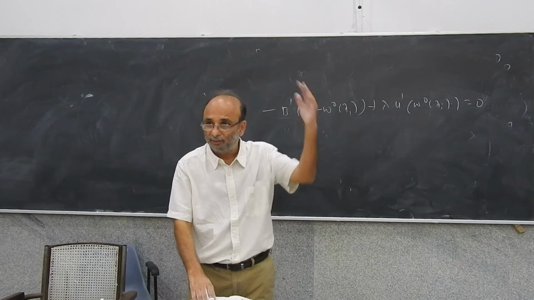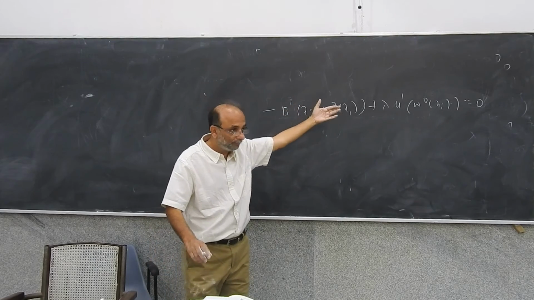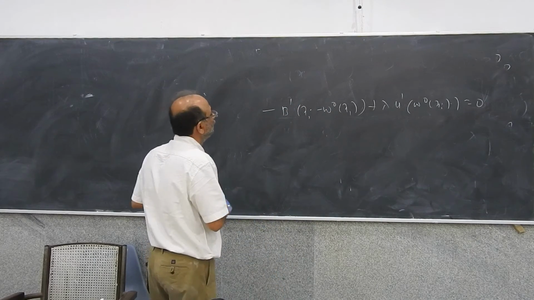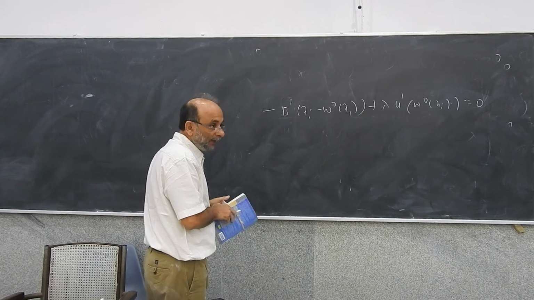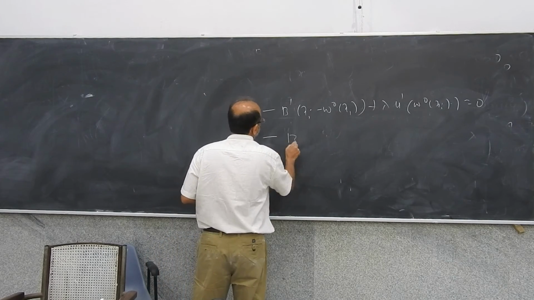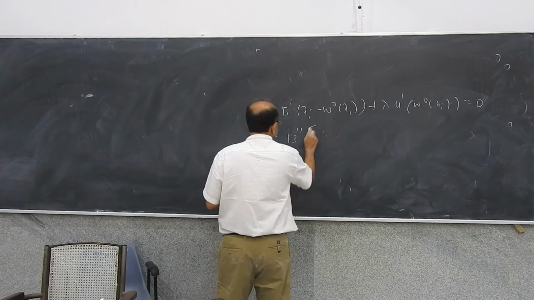It is just that ratio which I have turned around. Now let me take the second derivative. Again let me differentiate with respect to xi. If I differentiate this with respect to xi, what do I get? I get minus b double dash.